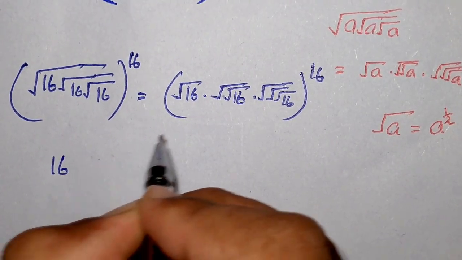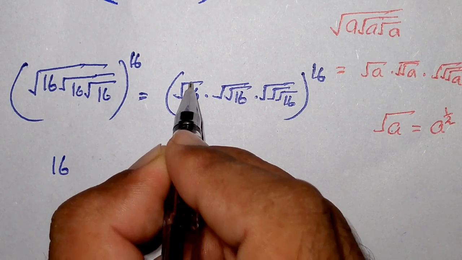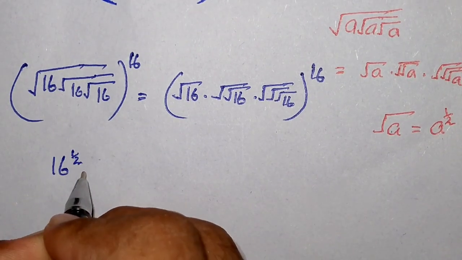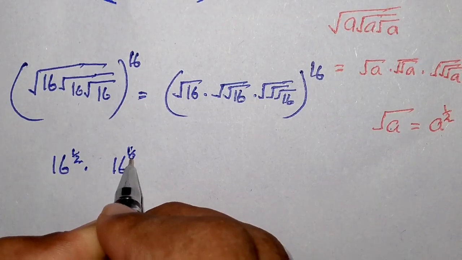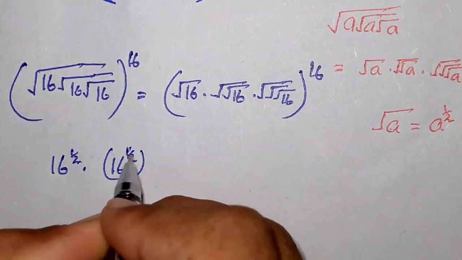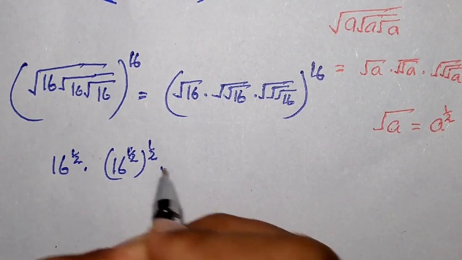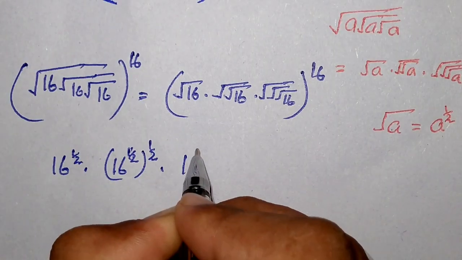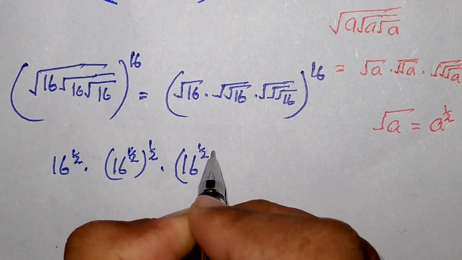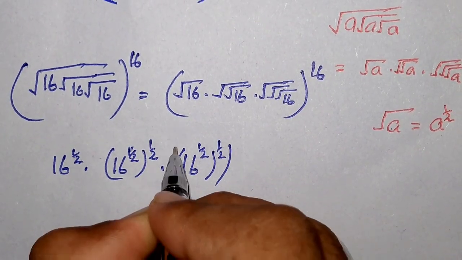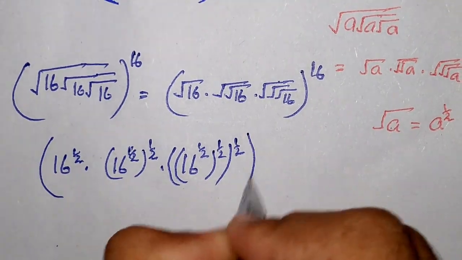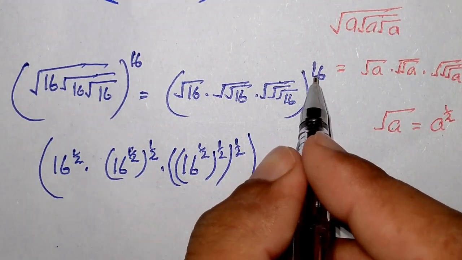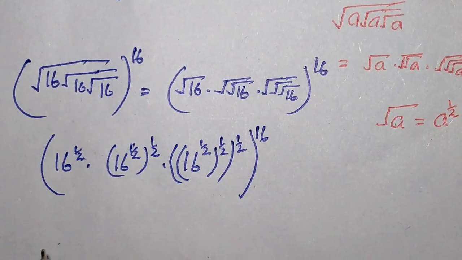So putting the value of 1 over 2 in place of square root, this will become 16 to the power of 1 over 2 times 16 to the power of 1 over 2 to the whole power of 1 over 2 times 16 to the power of 1 over 2 to the whole power of 1 over 2 and the whole power of 1 over 2, and this is all the same power, equal to 16.